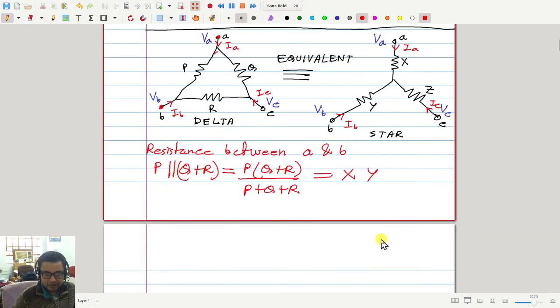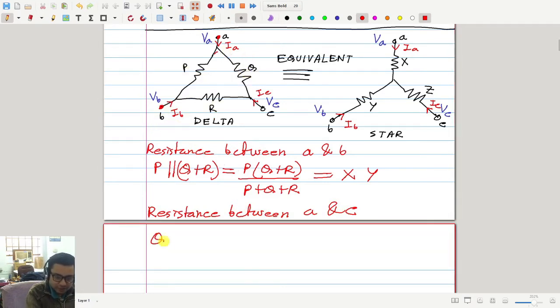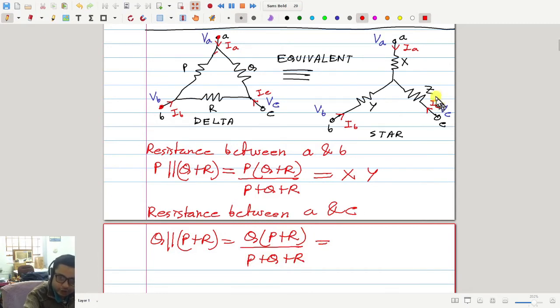Okay, in the same manner, suppose we look at the resistance between A and C. Then that is Q parallel P plus R, which will be equal to Q multiplied by P plus R divided by P plus Q plus R, and that should be equal to, in this circuit, X plus Z. In the same manner, if we consider nodes B and C, what will we get?